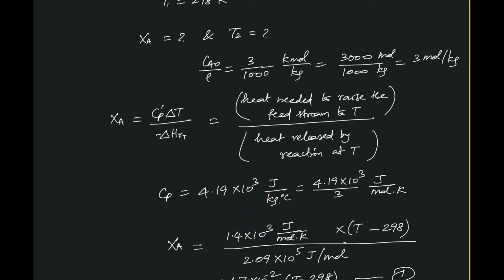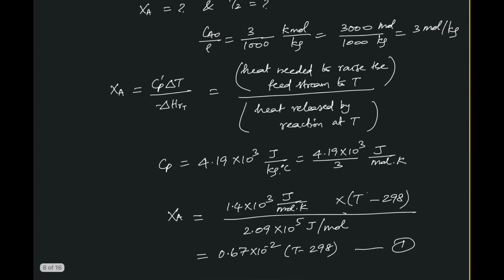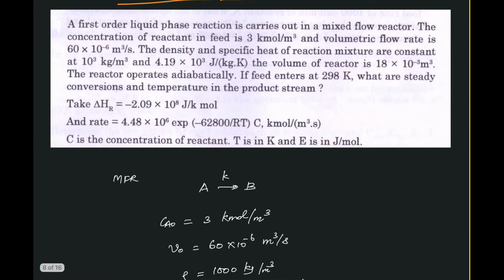That is, from Ca0 by rho we have k mole per kg. So this kg is now converted into mole. Actually this is 3 mole per kg. Yeah, right, fine. Now Cp is converted into joule per mole unit, and delta H of reaction is available in joule per k mole unit.